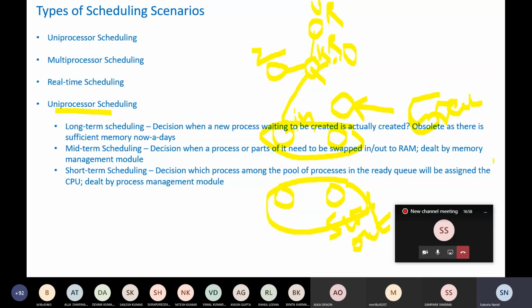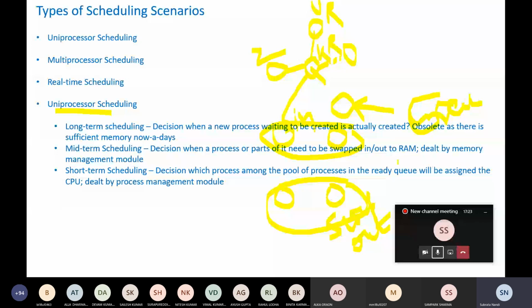Created means you request the process to be created through this execution, but the process is not getting created because there is not enough memory or resources in the system. So here a decision needs to be taken by the operating system.